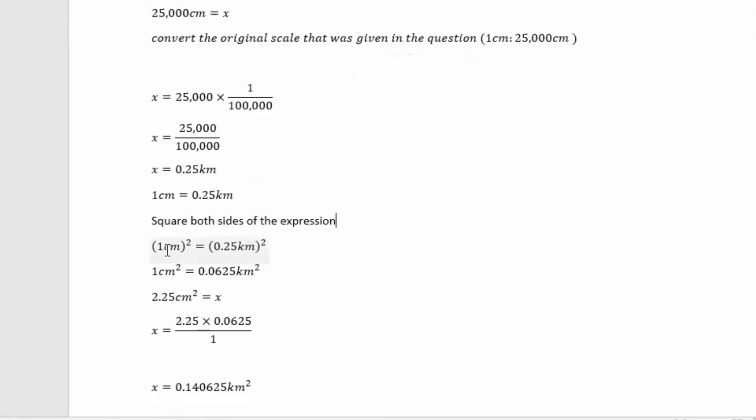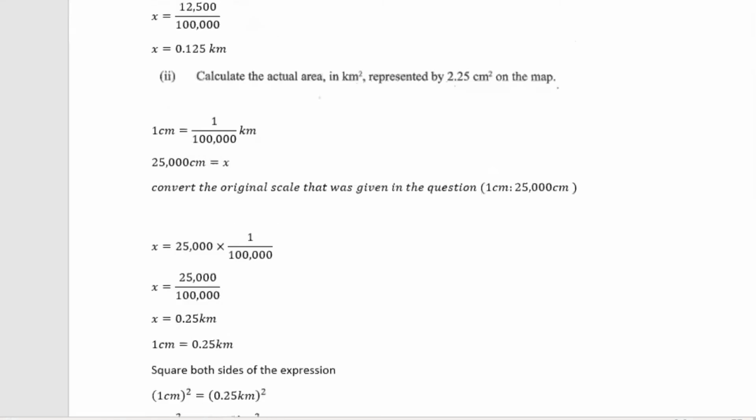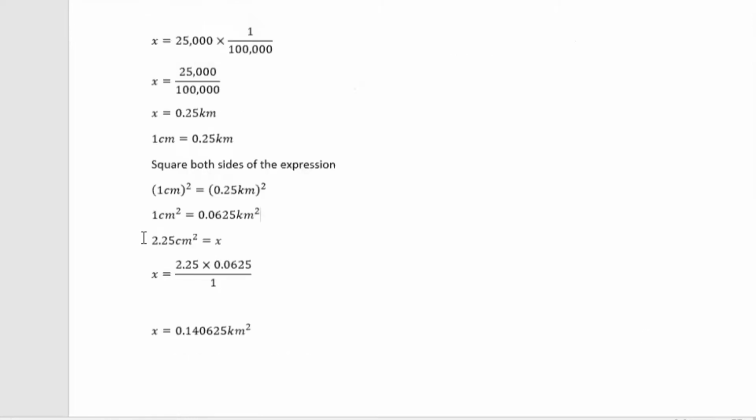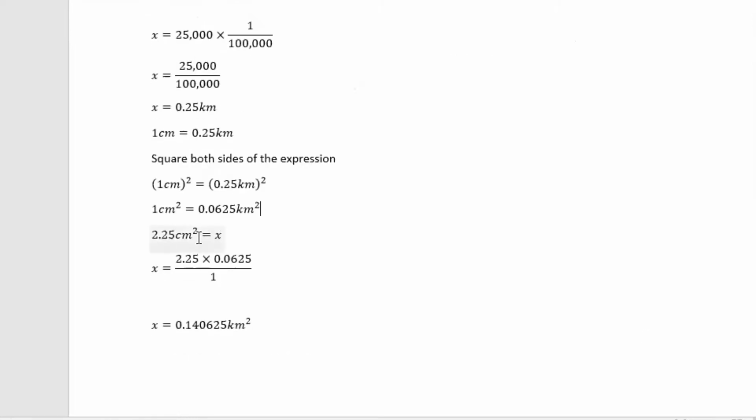When we do that, 1 squared is 1, the centimeter is squared, 0.25 squared gives us 0.0625, and we have the kilometers squared. What the question asks is what is the actual area represented by 2.25 centimeters squared on the map. So now we have 2.25 centimeters squared. What is it represented in kilometers?